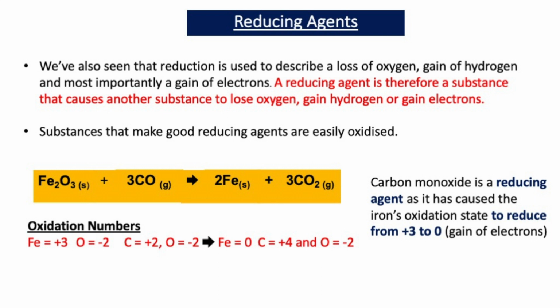Oxidation takes place. So the carbon monoxide is responsible for losing electrons, and these go to the +3 oxidation state of iron to turn it to iron metal.